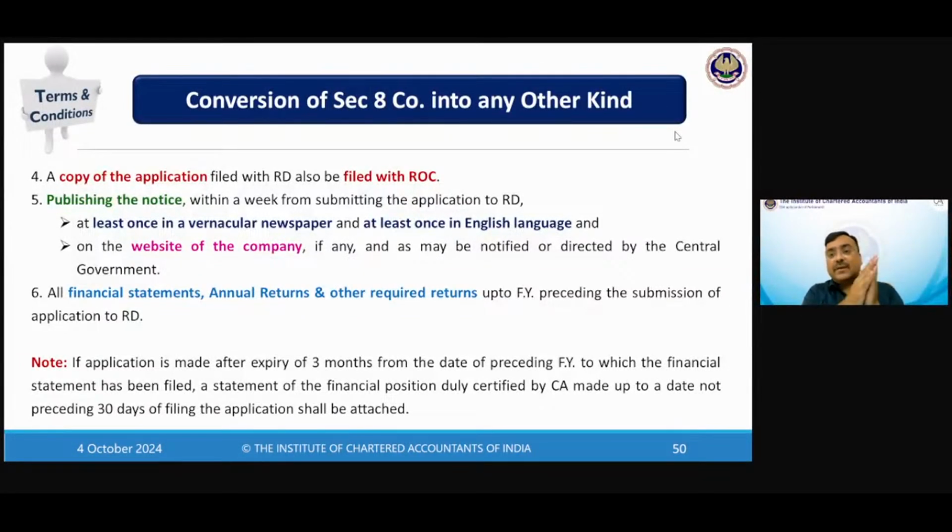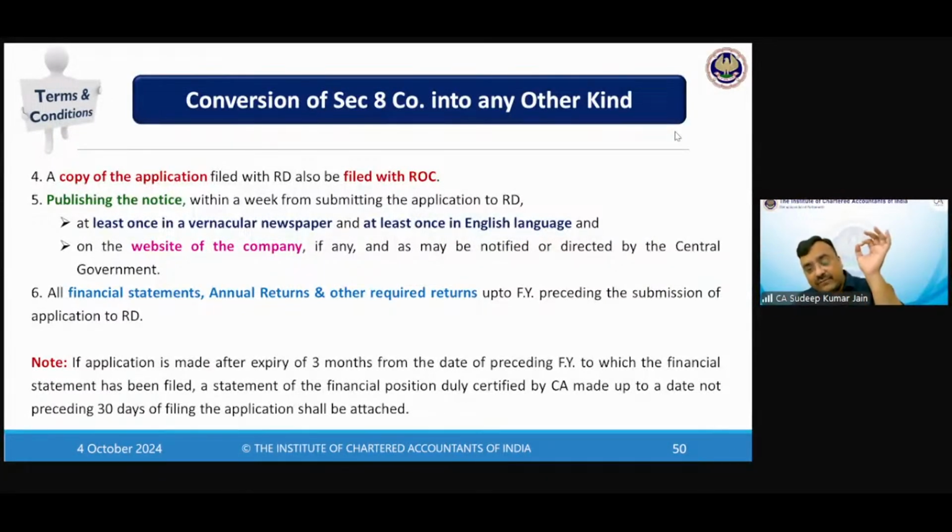If the application is submitted after 3 months of the date of the previous financial year, then a financial statement should be prepared by the company and certified by CA. That should be a maximum of 30 days preceding.